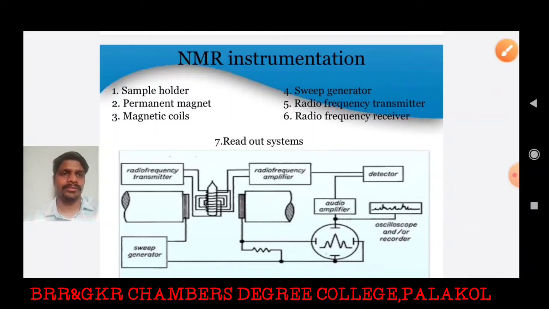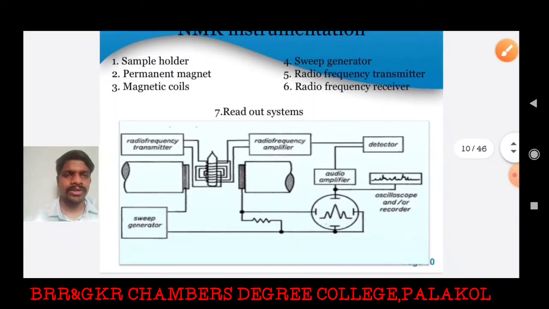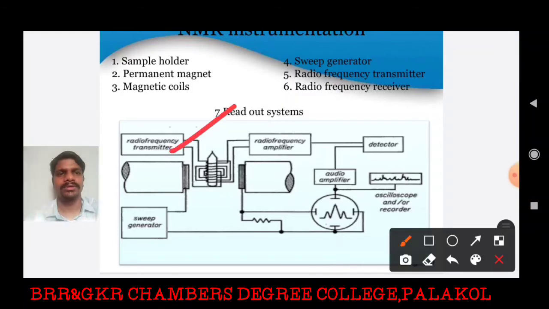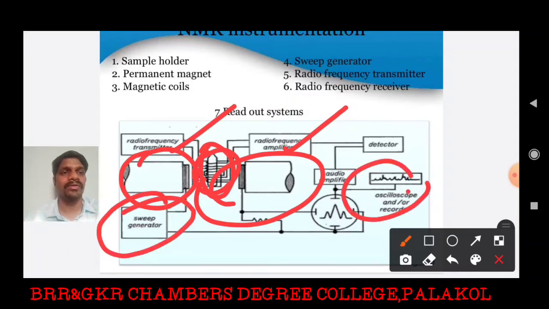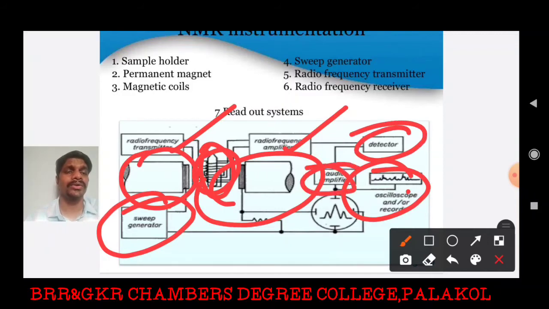Here we have a block diagram for an NMR instrument. This is the radio frequency transmitter, this is the radio frequency amplifier, and this is the sample inlet system surrounded by coils, and these are the magnets. It is a sweep generator, and it is a recorder, that means a computer, and it is a detector, and it is an audio amplifier. So these are the components.